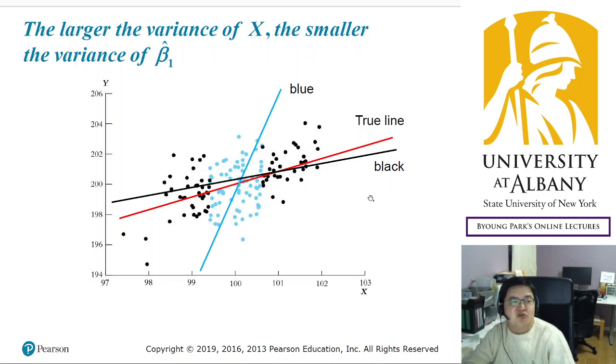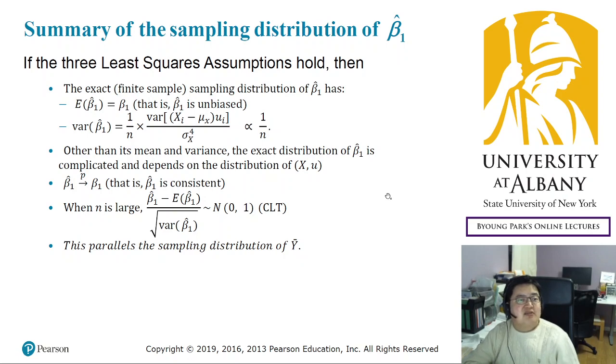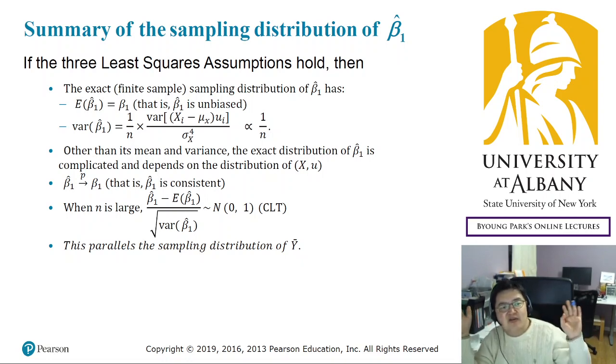So, a summary. You don't need to memorize any of that, but you need to understand the key points. First, the OLS estimator is unbiased. Second, as you have larger data, a larger sample size, you can do better.